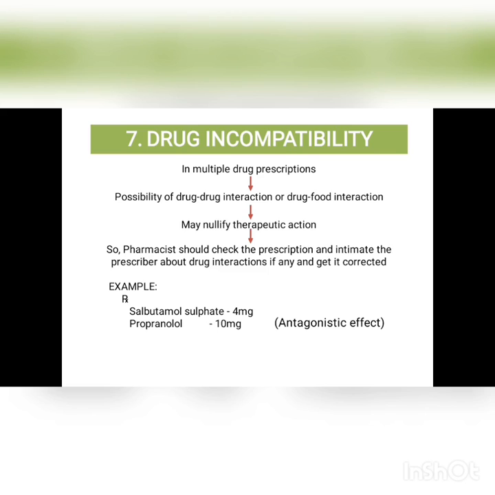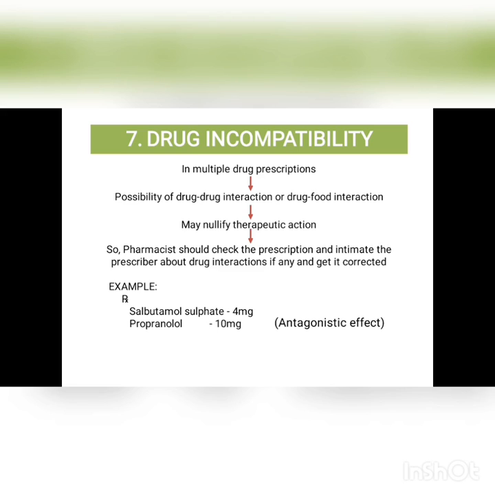So, pharmacists should check such interactions or incompatibilities, and if there is any, the pharmacist should consult the prescriber and get it corrected. For example, salbutamol sulfate 4 milligram and propranolol 10 milligram.